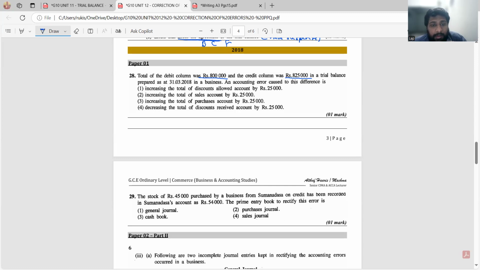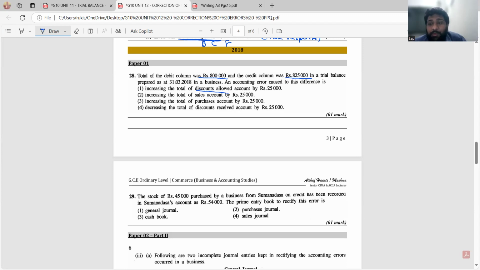First one, increasing the total of the discount allowed account by 25,000. Discount allowed is an expense account. So if the expense account total increases, the debit side should be bigger, not the credit side. Increasing the total of the sales account by 25,000. Sales account is an income account.